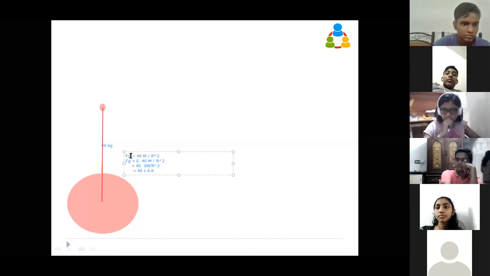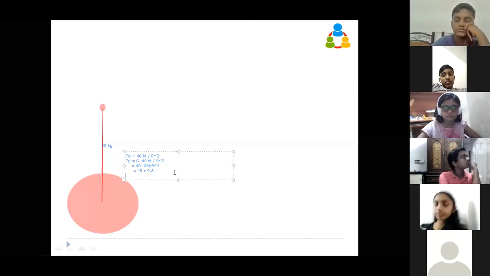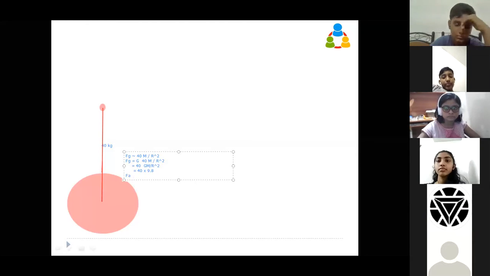Here it is Allen, so it is 40. Assume it is not Allen, some object. What is the gravitational force of some object, say A? Then it is mass of A into 9.8.